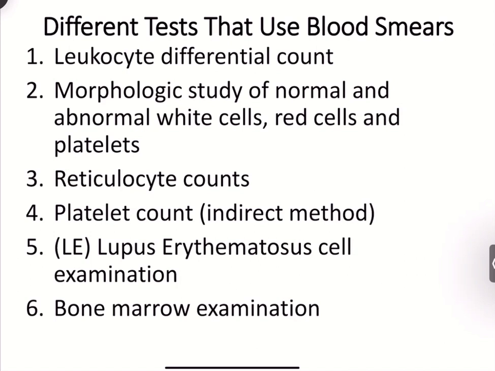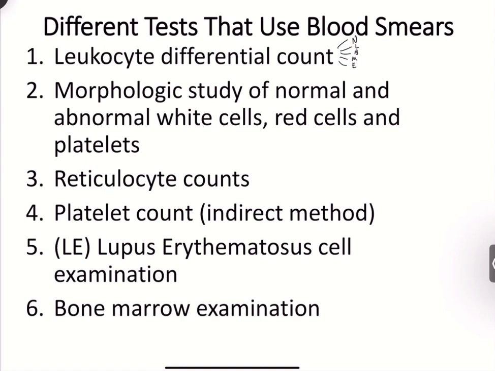So first of all, you will use this blood smear in the differential count of your leukocytes. When you say differential count, you will differentiate the types of WBC. Your WBCs or your leukocytes have five differentiations: neutrophil, lymphocyte, basophil, macrophages, and eosinophils.